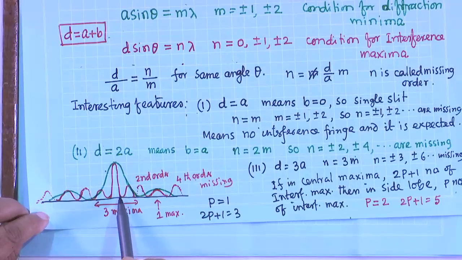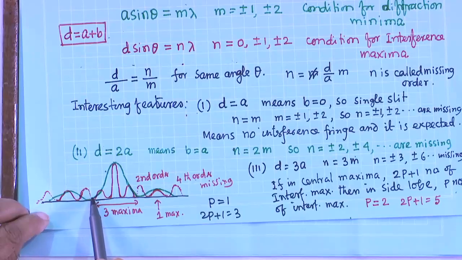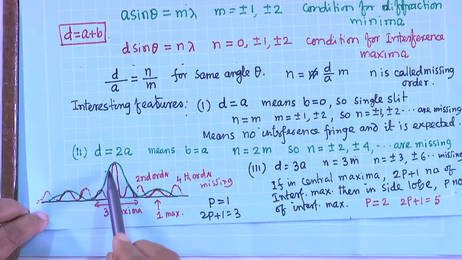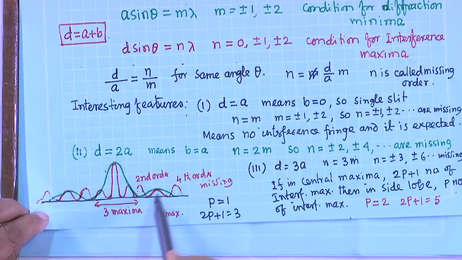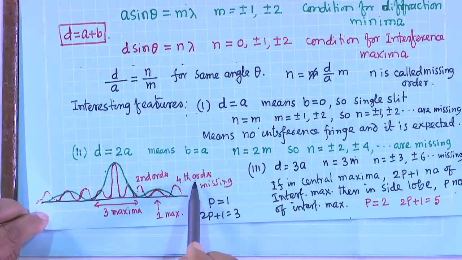So, this is the central maxima, n equal to 0 basically, then n equal to 1 first order, then second order missing, third order, then fourth order missing, then on the other side n equal to minus 1, minus 2. So, you can see in the center, in the principal diffraction maxima, we are getting 3 interference maxima, then in the side lobes we are getting 1 interference maxima, because the fourth one will be missing.